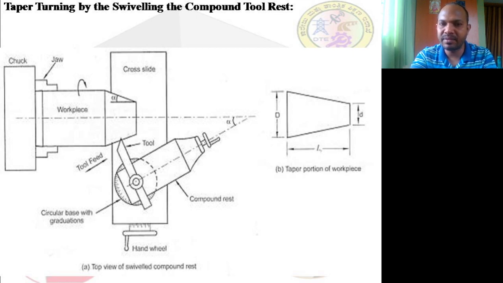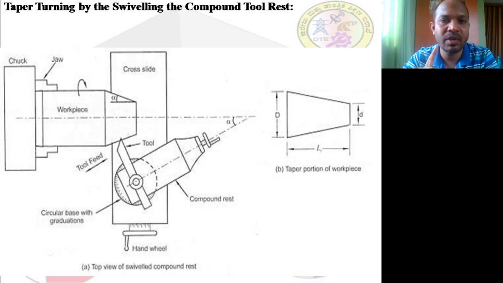The cross slide is fixed, whereas the compound rest is tilted with an angle of alpha. I'll show you how we calculate this alpha. So at this alpha, what happens? The compound rest will be tilted. Above the compound rest, there is a tool post, and you can see a single point cutting tool.